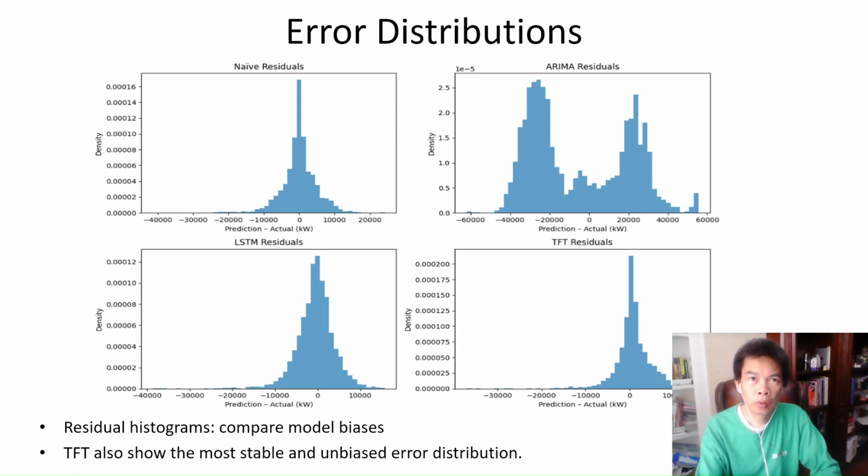We plot the residual distribution for each model to assess the bias and variance. From the 4 plots right here, we see that the TFT histogram achieves the best average accuracy, and also the most stable and unbiased error distribution. It spikes at 0.